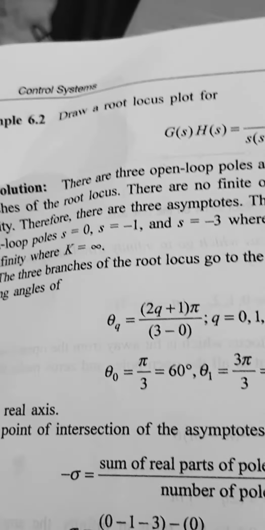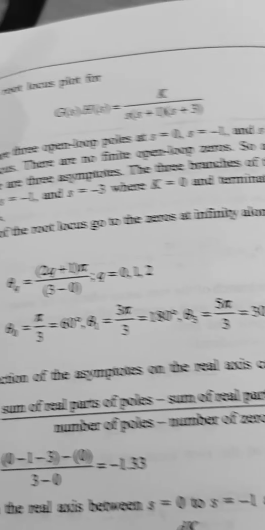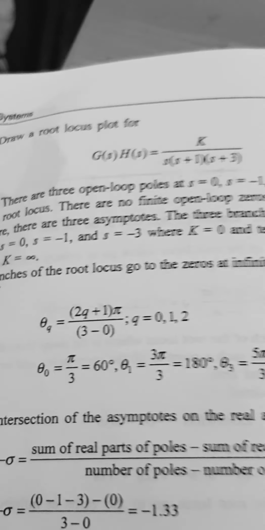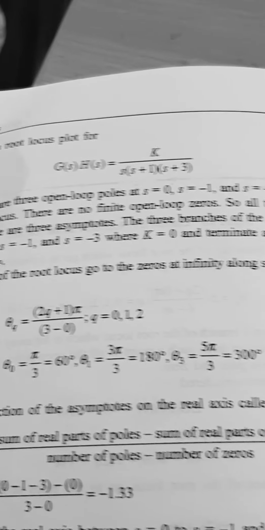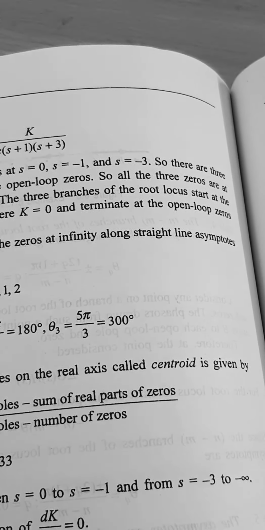So here, for the fourth rule, we have to get the angle of asymptotes.